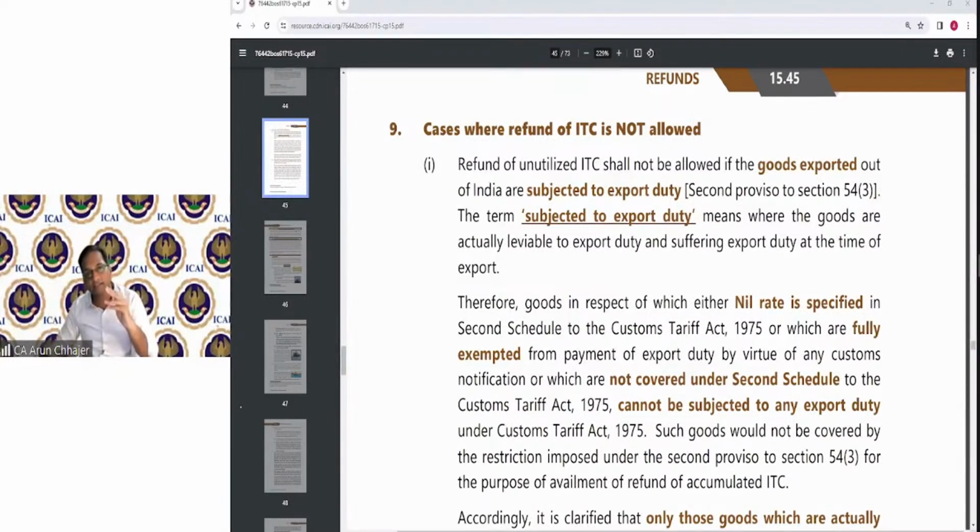So certain product government does not want that it should be exported out of India. तो क्या करते हैं? See, let's say they do not want the export of this rice. Let's say I'm giving hypothetical example. Government does not want the export of rice. Let's say what they will do, they will impose the export duty by which it will increase the value, and also they will block the refund of ITC. तो होगा क्या?